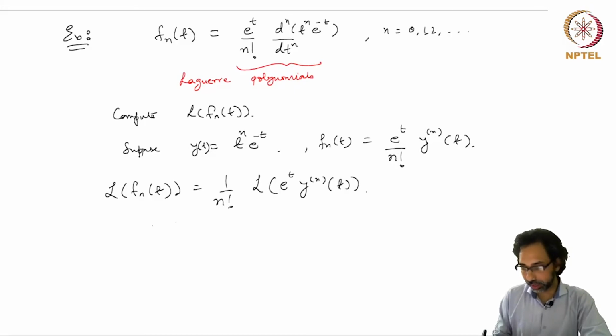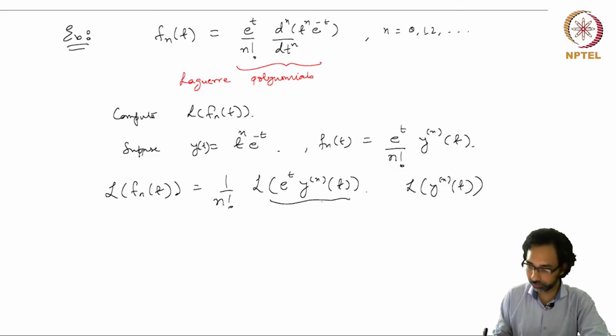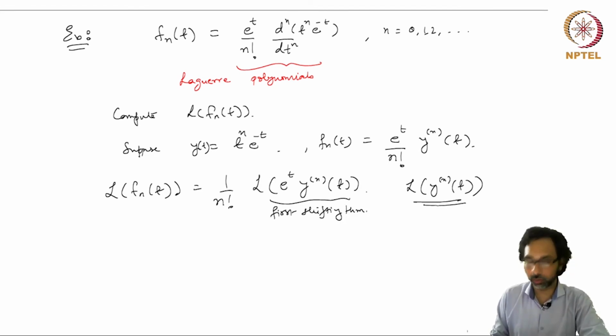If we can compute the Laplace transform of the nth derivative of y, then we can deduce the Laplace transform of e^t times the nth derivative by the first shifting theorem. So it suffices to compute just the nth derivative of y.